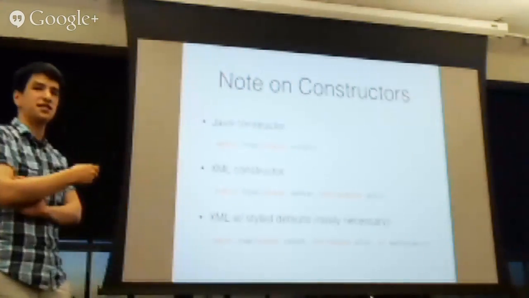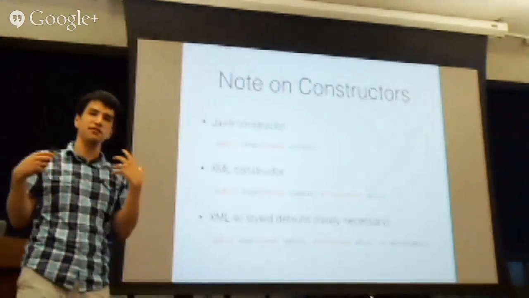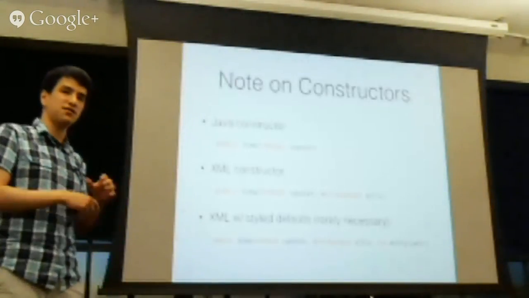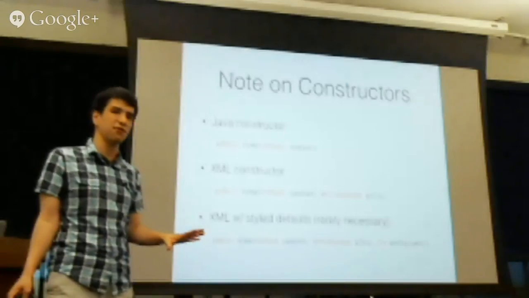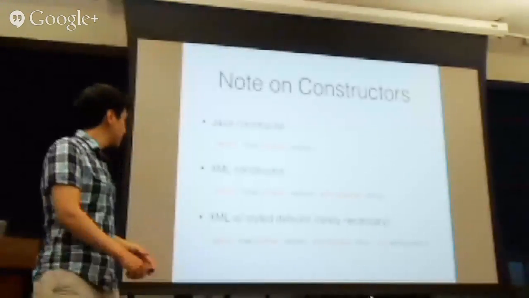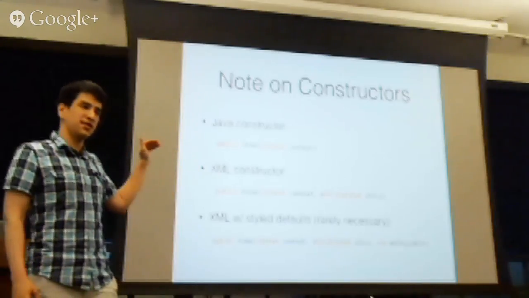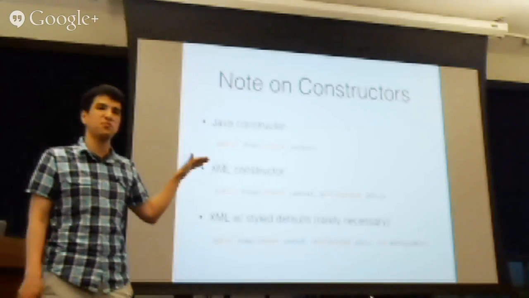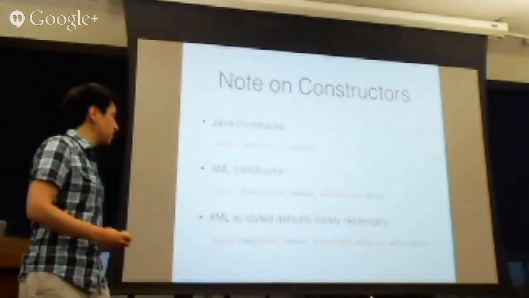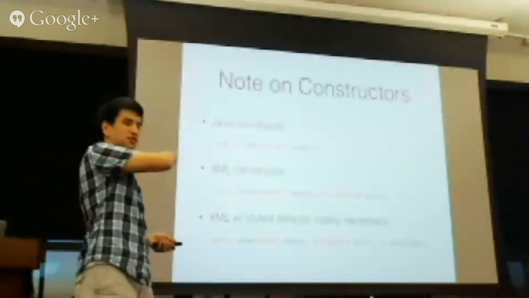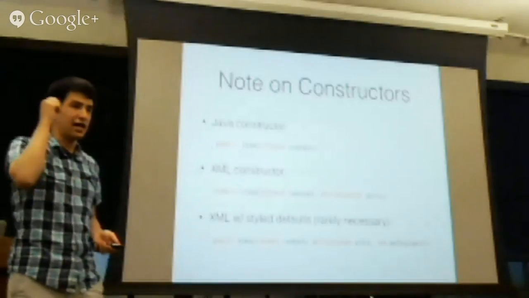The basic one, the one with just the context, that's when you inflate the view in code. You give it a context, but it has no attributes that are going to be set for it automatically. The second one with an attribute set, that attribute set represents everything that's been passed in from XML. So when you have a view being inflated from XML, it actually looks for that constructor by default.